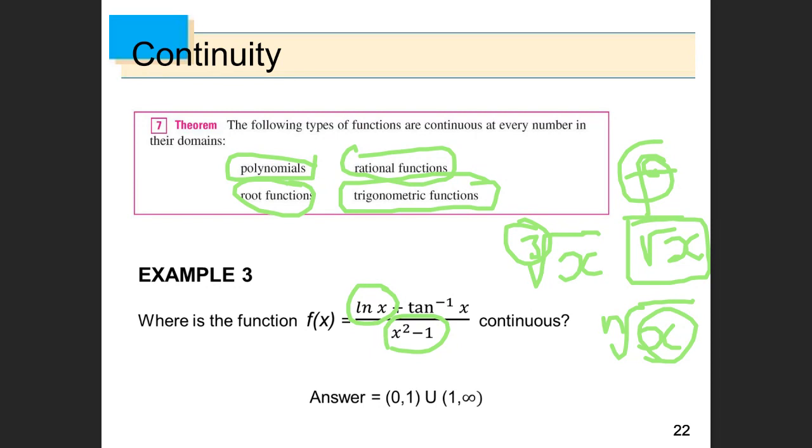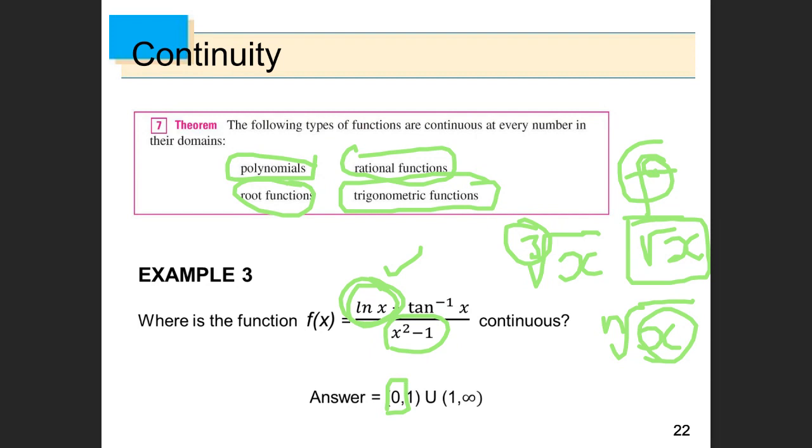So you see where that restriction is coming in, where the 0 here is coming from. Because I also need to consider the ln function. I can't just say x cannot be 1 or minus 1. If you say x is not 1 or minus 1, you're saying that x can be minus 2. That's what you're trying to say, which is not true, because ln of minus 2, for example, does not exist. ln of 0 or any negative number is undefined.